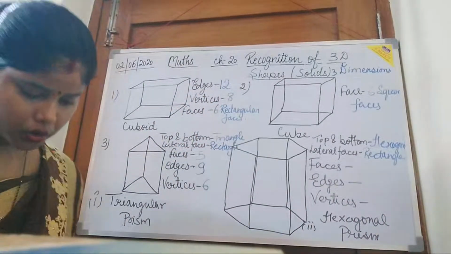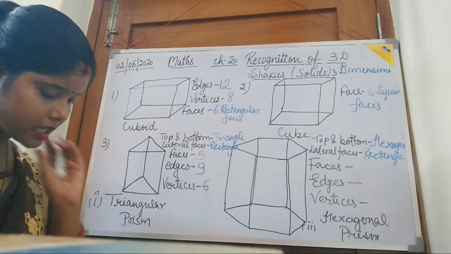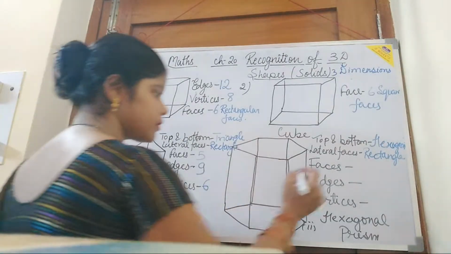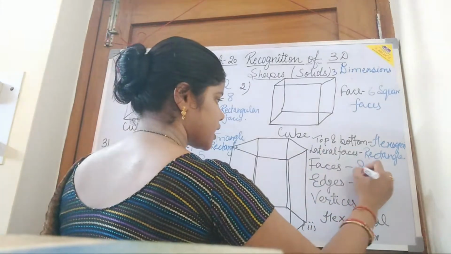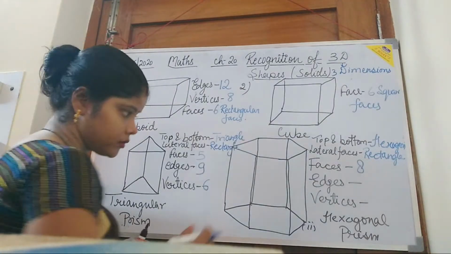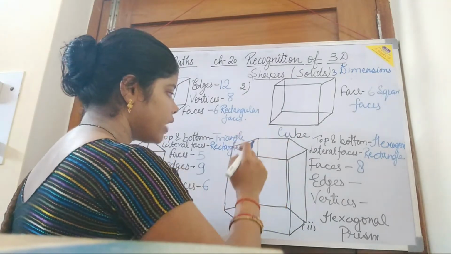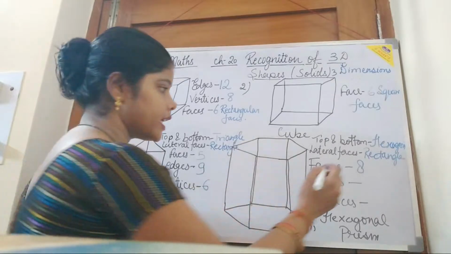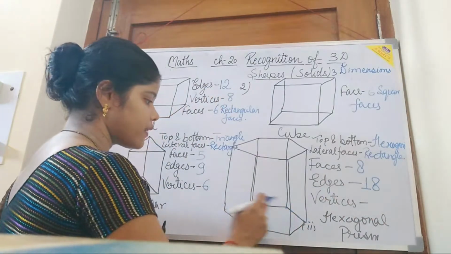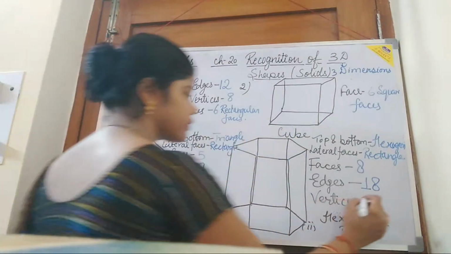Two top and bottom faces, and the side faces: how many rectangles? 6. So 2 and 6, 8 faces. Edges: 1, 2, 3, 4, 5, 6, 7, 8, 9, 10, 11, 12, and the other 6 edges, 18. So edges are 18. Vertices: count the corners 1 to 12. So how many vertices? 12.